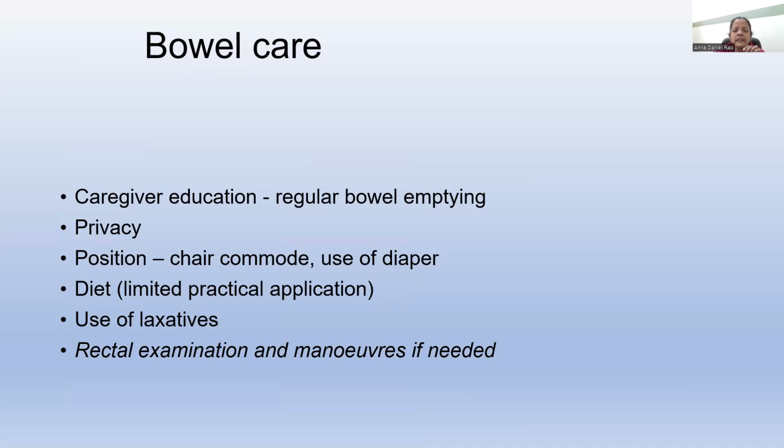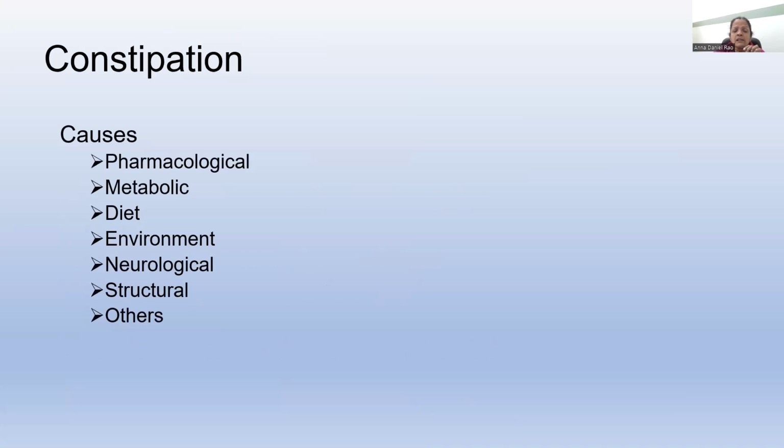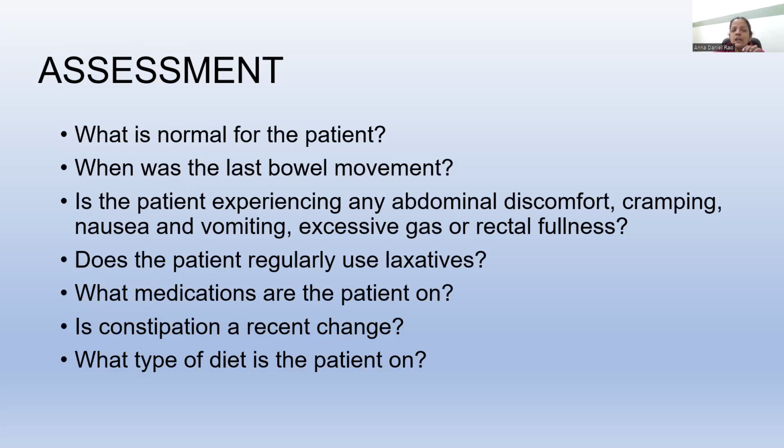What diet he is taking, when he last passed stool, what different medications he is taking, what is the environment, whether he is able to get enough privacy or not, what is his metabolic condition, any structural abnormalities, any neurological problems. All these points should be assessed when we are collecting the history.